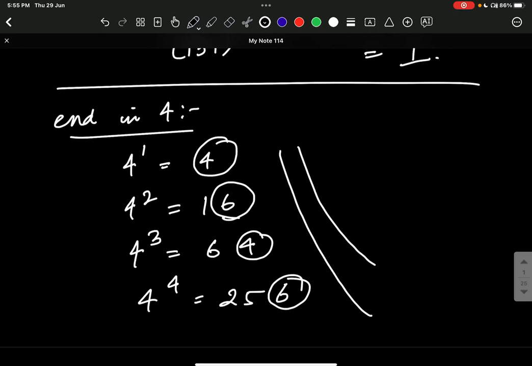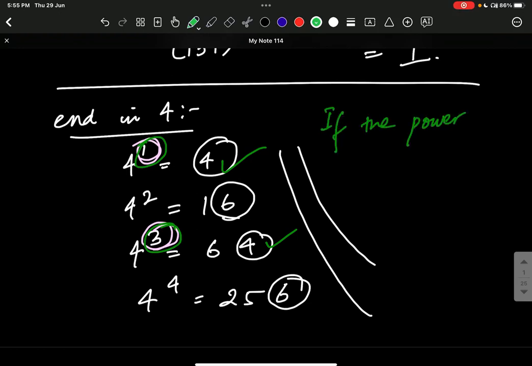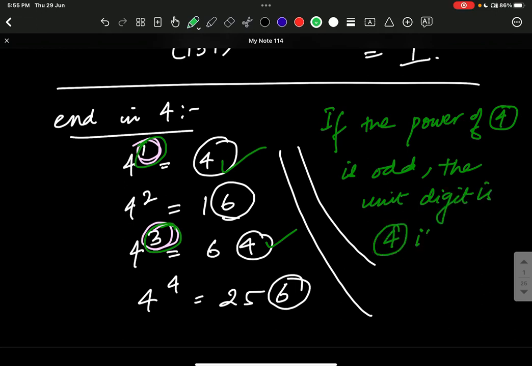Now, on analyzing, you will understand that whenever the power is odd, what is happening? The unit digit is 4 only. So you can note it that if the power of 4 is odd, the unit digit is 4 itself.